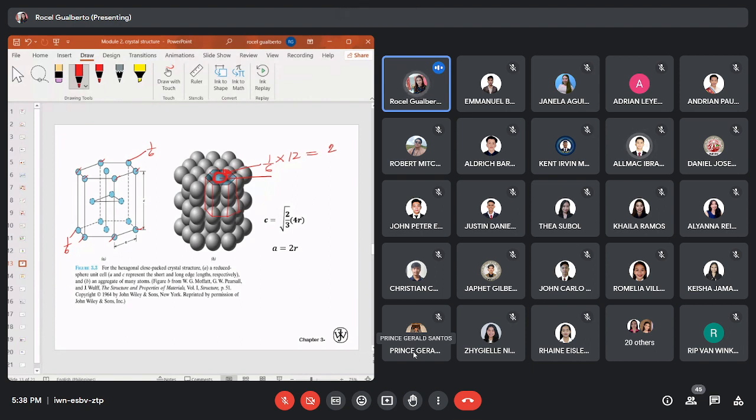Tama po yun. So, it would be 1/2. Ang tanong, ilan pong 1/2 meron sa isang unit cell? Okay? So, ito po yung 1/2 natin. Alin pa po dyan ang 1/2? Yung baba po. So, this is also 1/2. So, ilan po yung 1/2 natin? 2 po. Okay? 1/2 times 2 will yield 1.